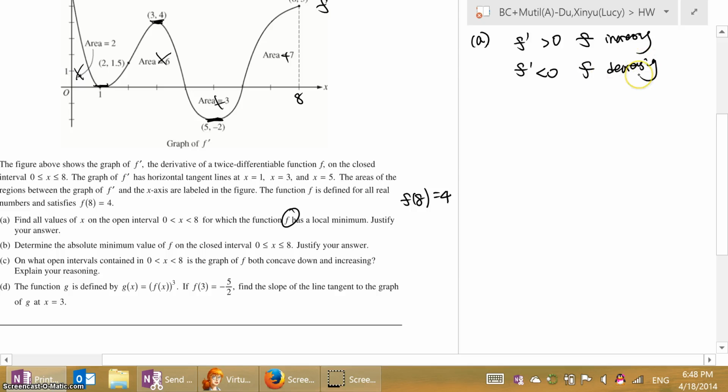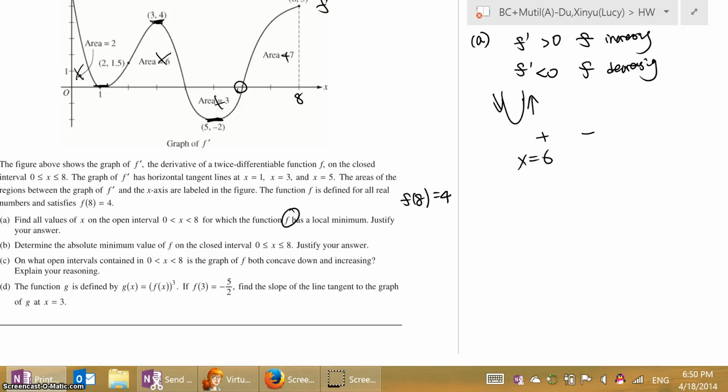A minimum is decreasing then increasing. So we should find a place where the graph of f prime goes from negative to positive. The only point we see in the graph is right here, x at 6.